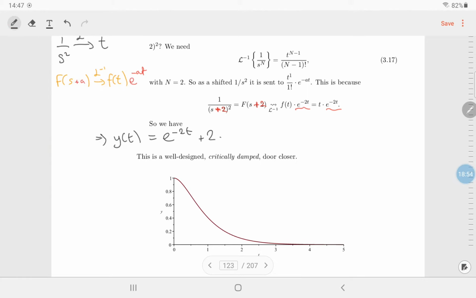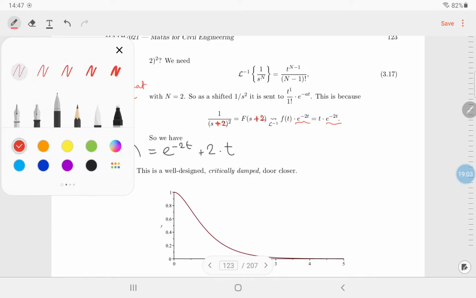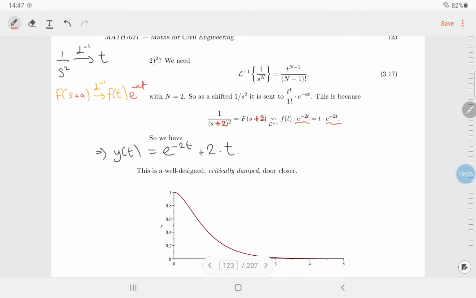So the 1 over s plus 2 squared comes back as normal as a t, but because instead of 1 over s squared we have 1 over s plus 2 squared, we multiply by this exponential shift.